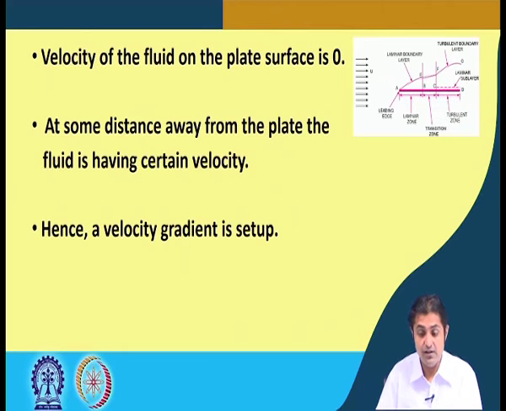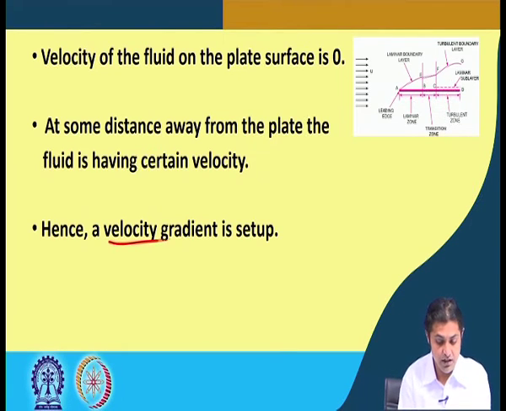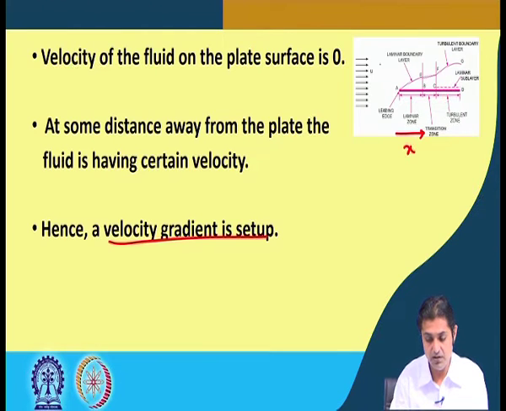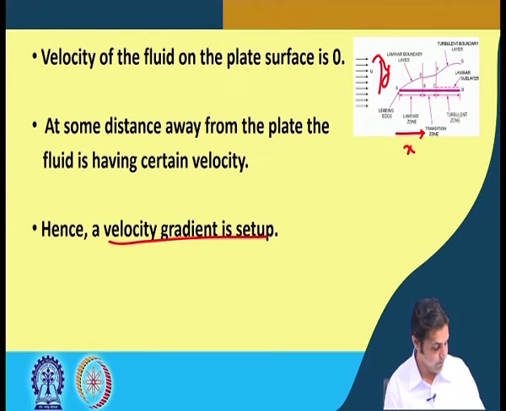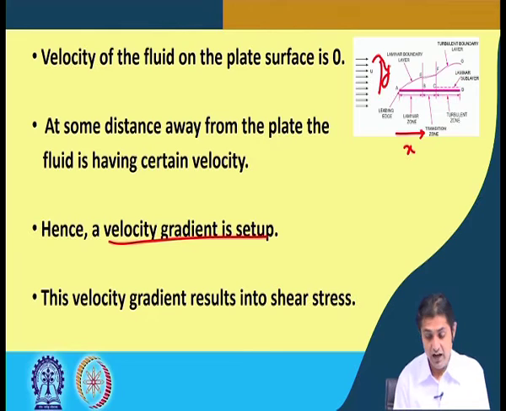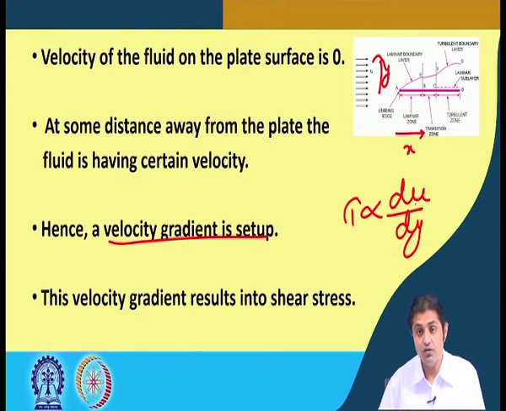Therefore, because of the existence of this velocity, a velocity gradient is set up. This is the x direction, let us say, this is the y direction, and this velocity gradient results in shear stress, because shear stress is proportional to du by dy, the rate of change of velocity with the distance normal to the flow.